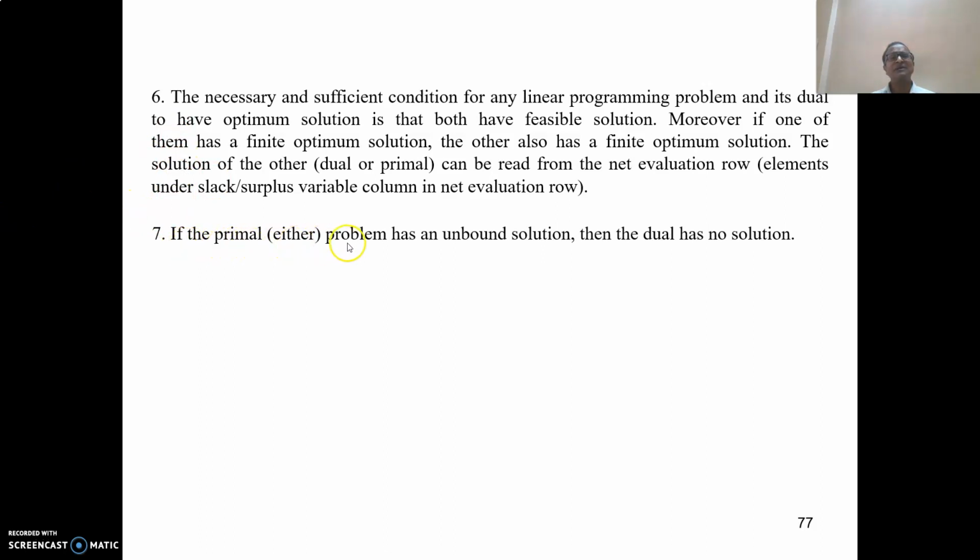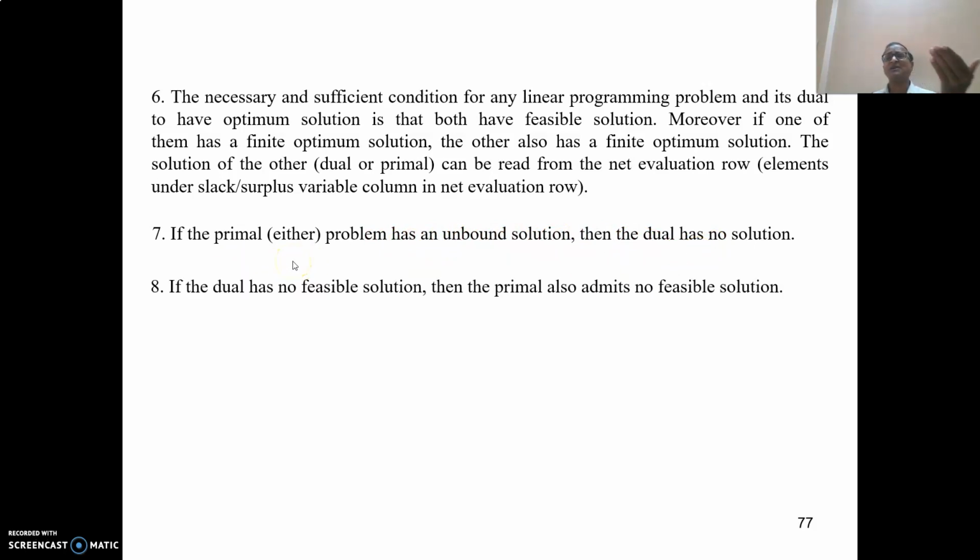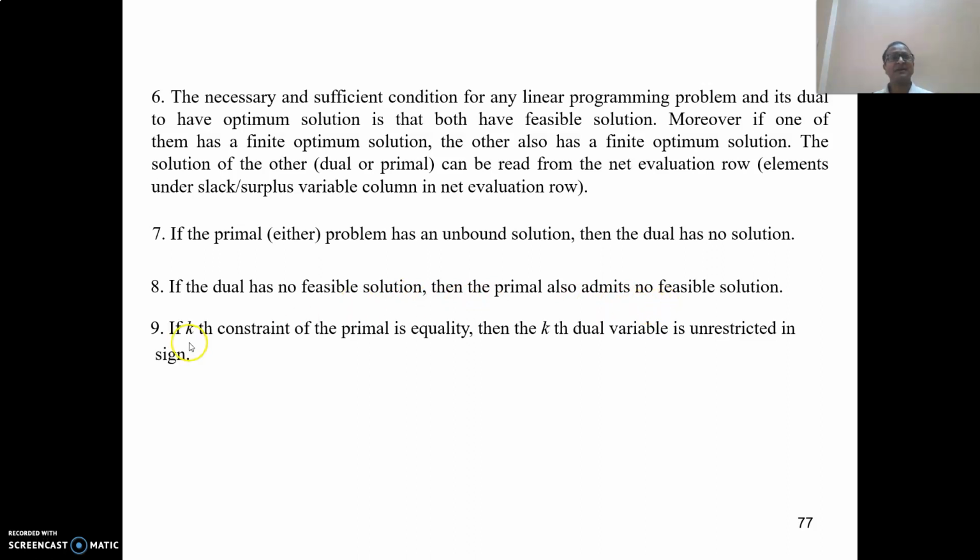If the primal problem has an unbounded solution, then the dual has no solution, meaning that it is beyond the constraint limit. If the dual has no feasible solution, then the primal also admits no feasible solution. If the kth constraint of the primal is an equality, then the kth variable of the dual is unrestricted in sign.